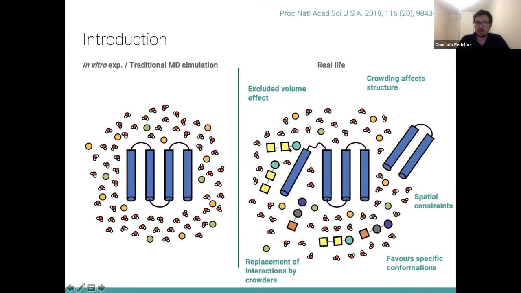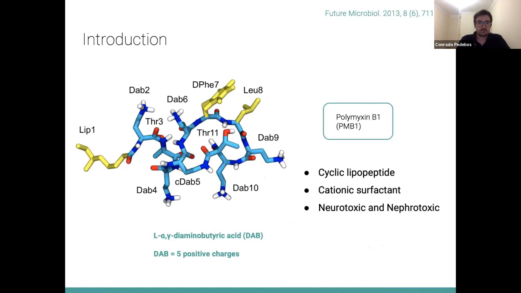You have other molecular crowders such as osmolytes, and all of this can produce a whole range of effects, which can in turn favor specific conformations that you only see in real life situations.